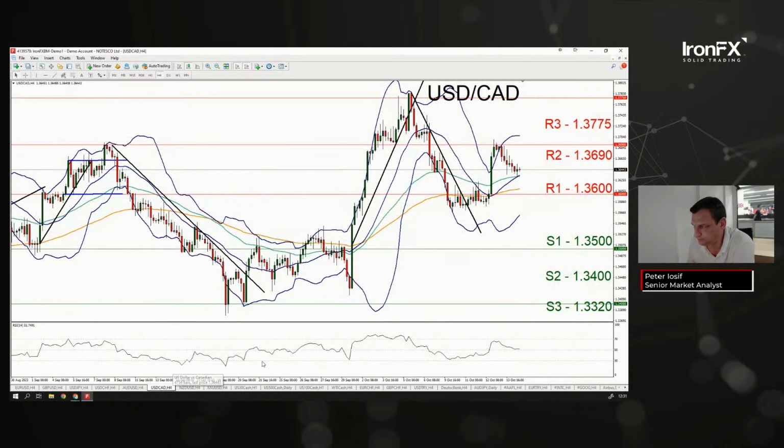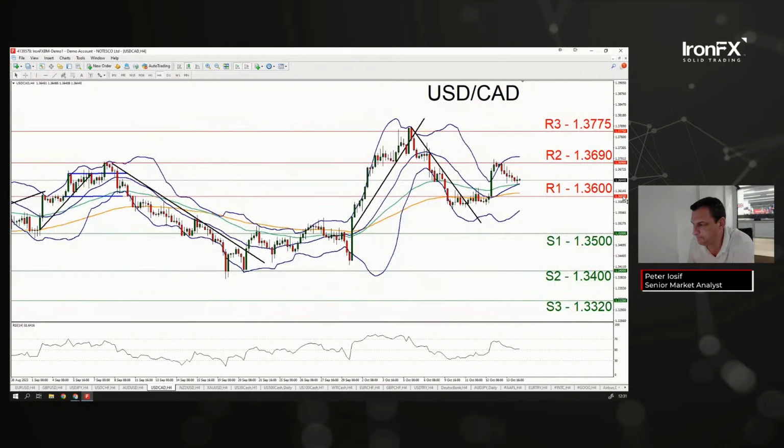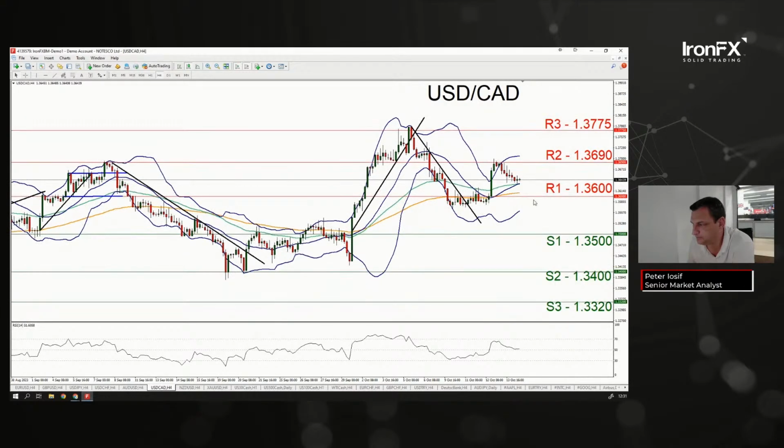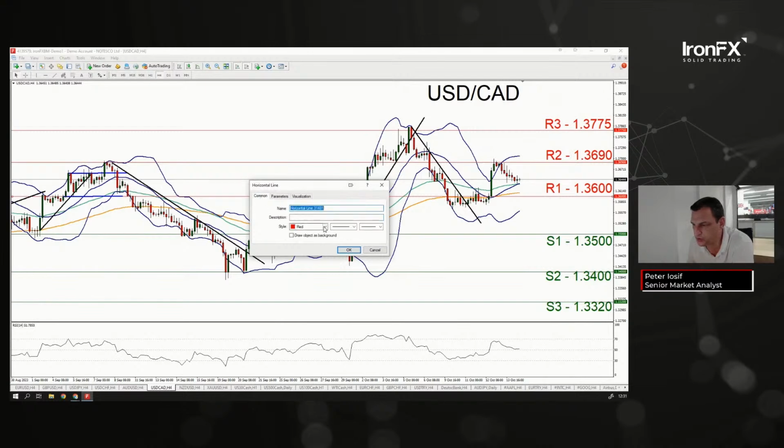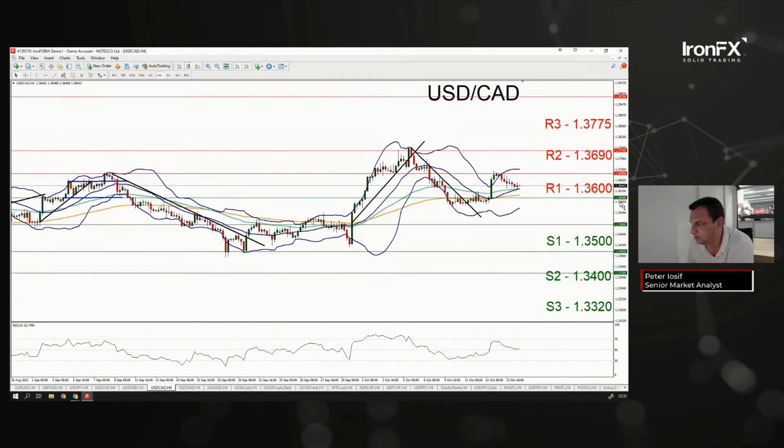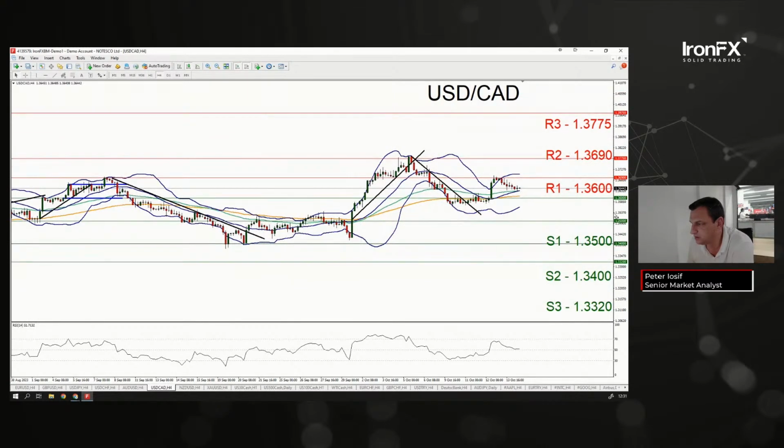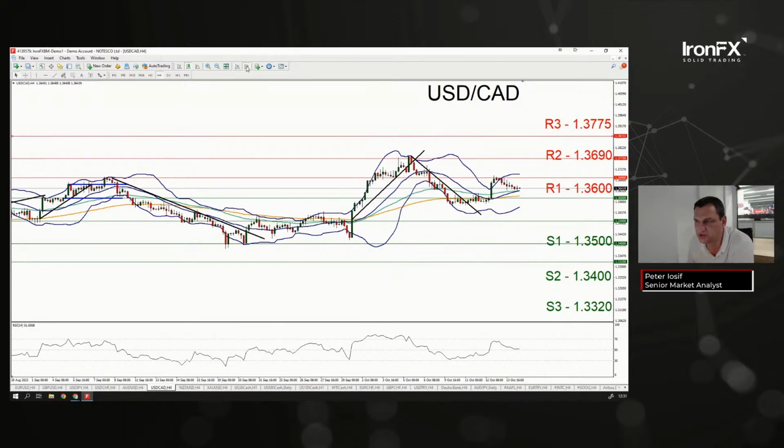USD CAD. Oh, we have a movement lower here. Okay, definitely the 1.36 has to be switched into a support line. And I'm going to be searching for a new ultimate resistance level.